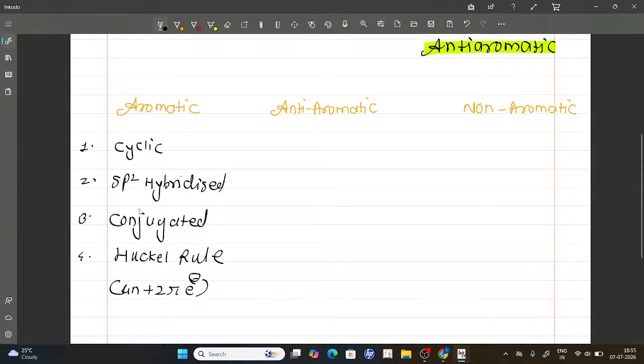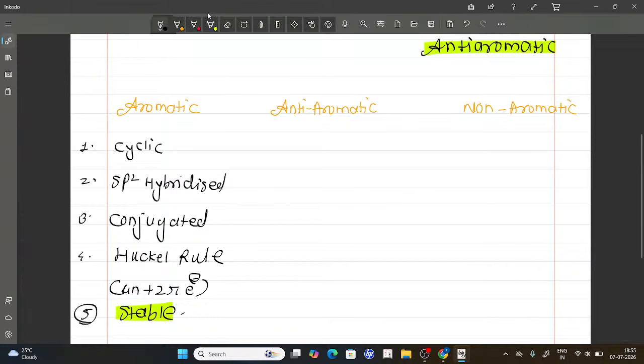Then your compound should be stable and it is an aromatic compound. Aromatic compounds are stable compounds.